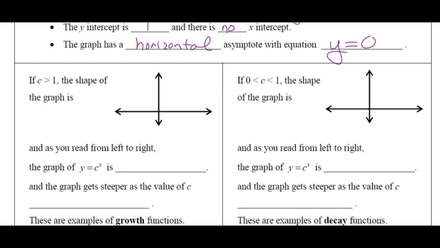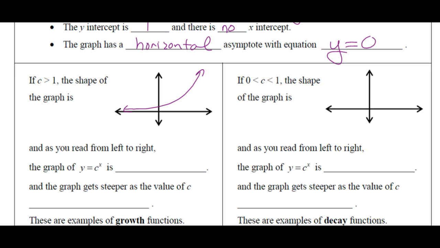So if c is greater than 1, the shape of the graph is, what's it doing? Okay, so here's the shape of the graph, right? You're going from left to right, you're increasing.